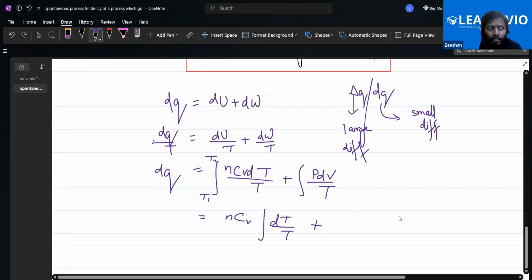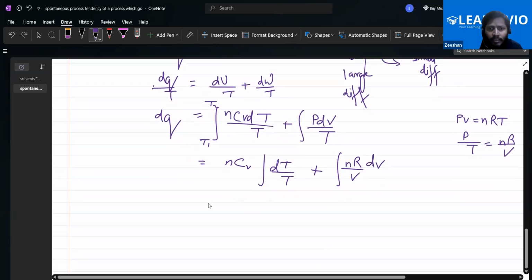Now this thing, PV is equal to nRT. We will write here PV is equal to nRT. So P by T is nR by V, right? So we will replace P by T by nR by V, and here there is dV, and we are integrating it.